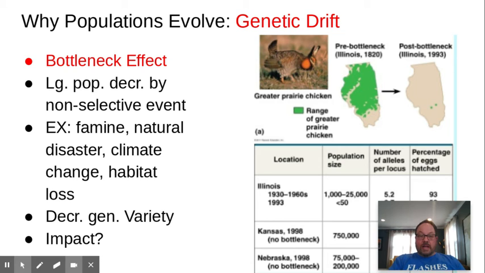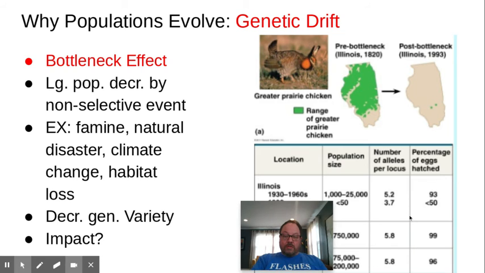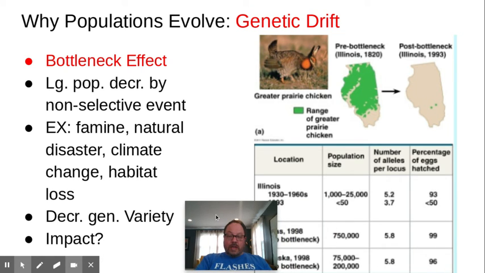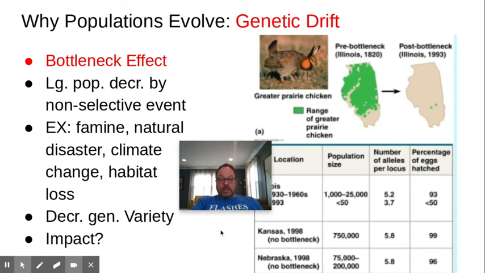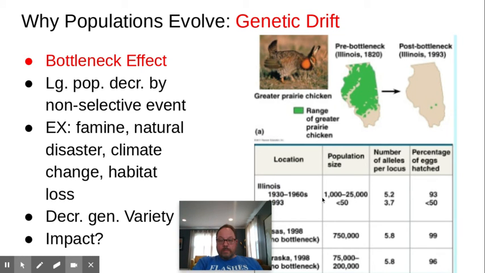You can have some big cataclysmic change, and very few organisms survive. So here, they use the example of the prairie chicken. Now, with the advent of modern agriculture, lands that were inhabited by the prairie chicken have been converted to fields. And what that has done is drastically reduce the size of the prairie chicken population in areas like Illinois.